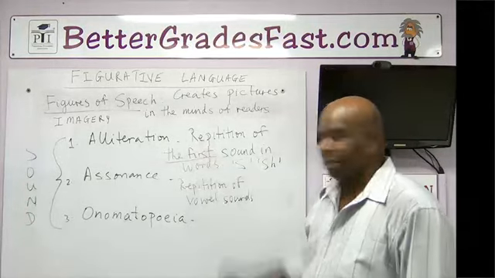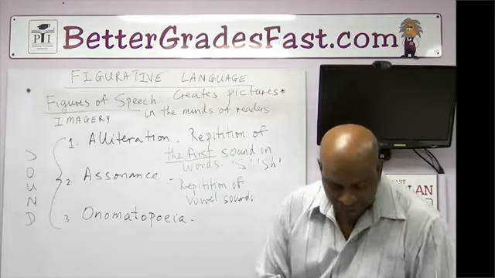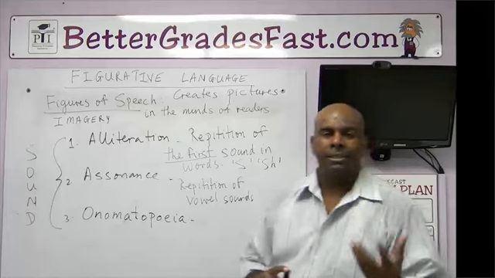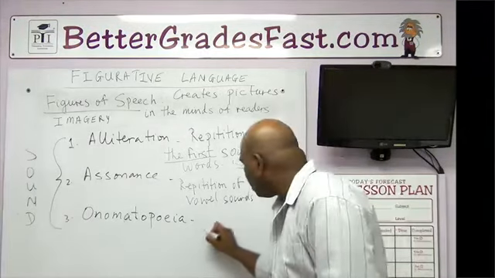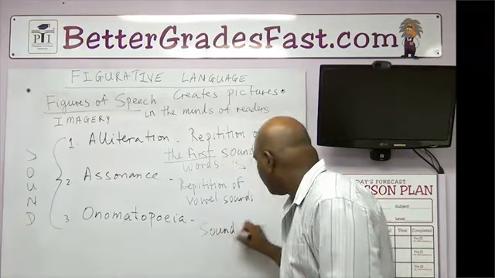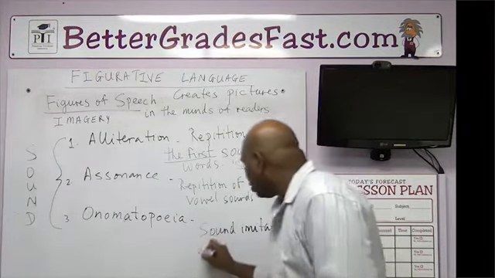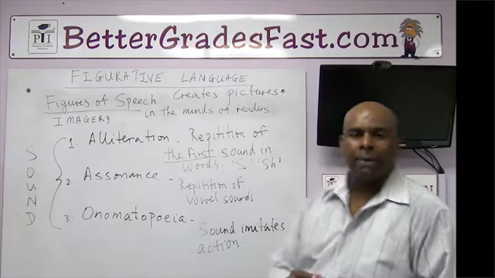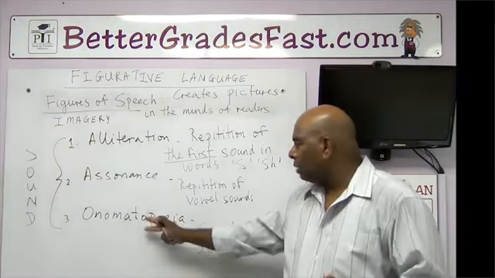That's assonance. Onomatopoeia, very simple, is having a sound that imitates the action or word itself. So the sound imitates action. So when I say crack, bang, boom, kaboom, they're all onomatopoeia.